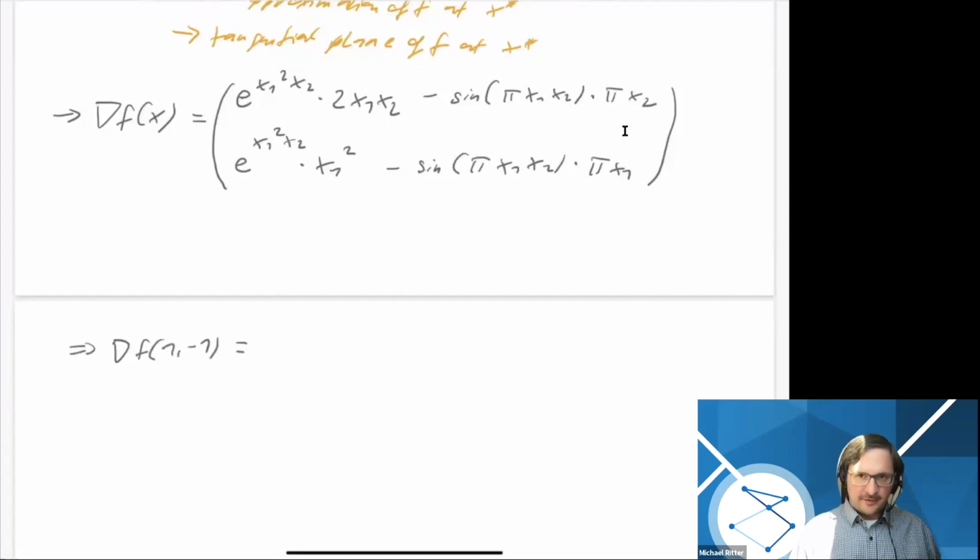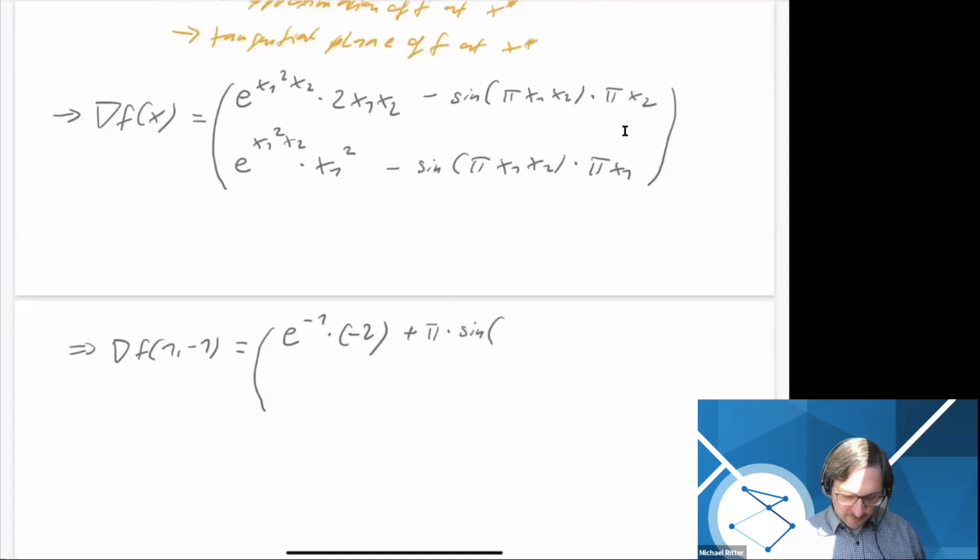So if we enter that, we get e to the minus 1 times 2 times 1 times minus 1, so minus 2, plus, actually this minus and this minus 1 here make a plus, pi times the sine of minus pi.